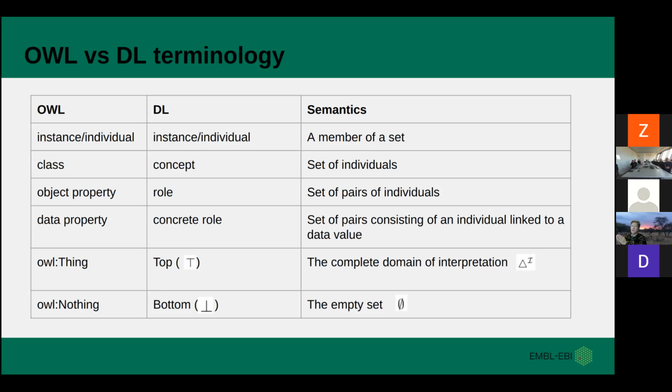If you use LaTeX, that's the tool for representing mathematical symbols, it's represented by \top. And that represents the complete domain of interpretation, whereas owl:Nothing and bottom represent the empty set. In OWL, it's Nothing, and in description logics, it's bottom.